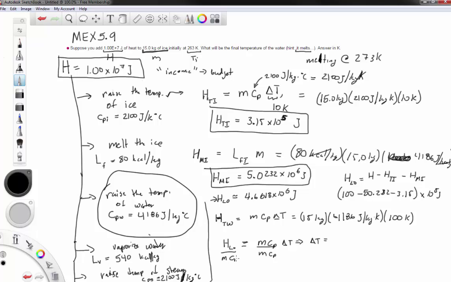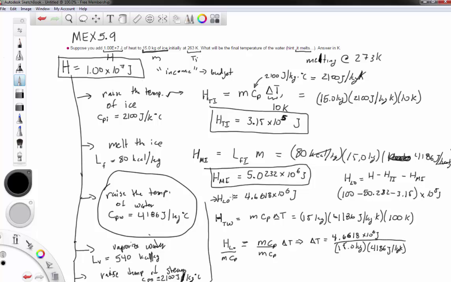So delta T therefore equals the heat left over, that was 4.6618 times 10 to the 6 joules, divided by 15.0 kilograms and 4186 joules per kilogram Kelvin.